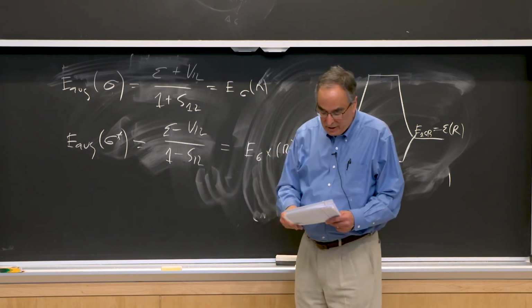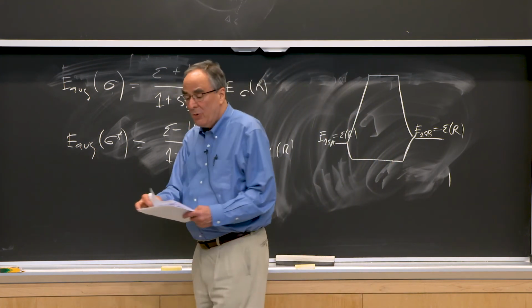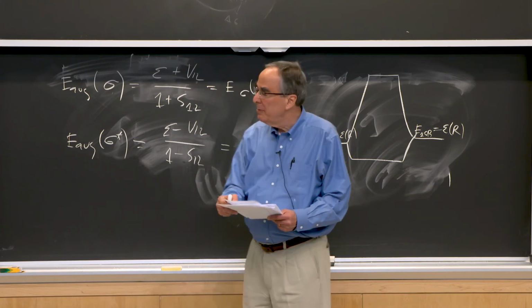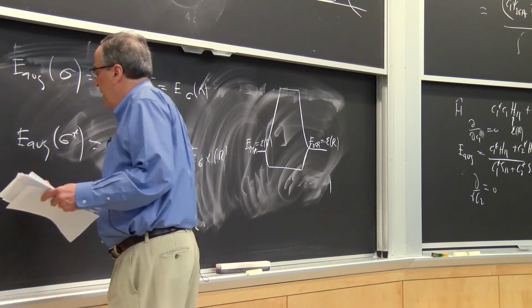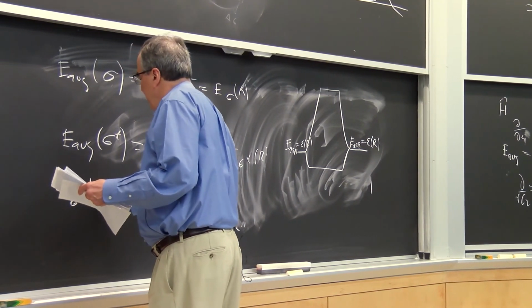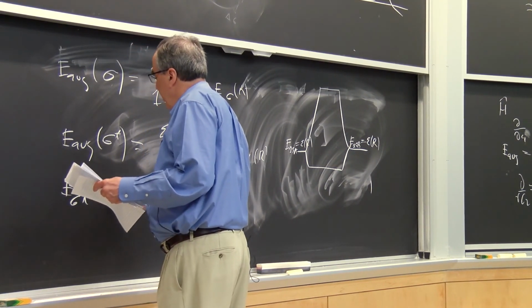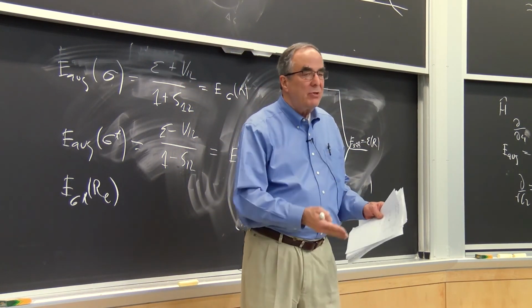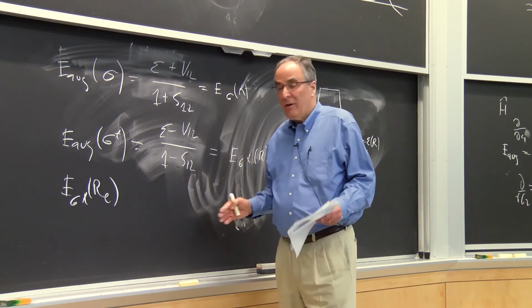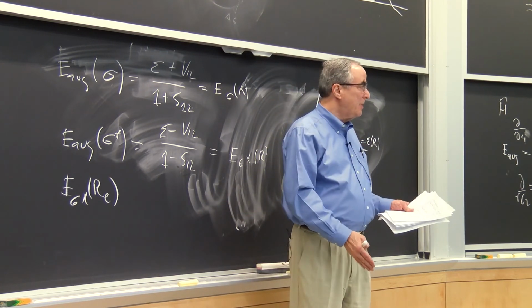Now you can actually do some algebra to calculate the difference in energy between the sigma star as a function of R, but evaluated at R sub E, which is the minimum energy, the energy where the bonding orbital has its minimum energy.